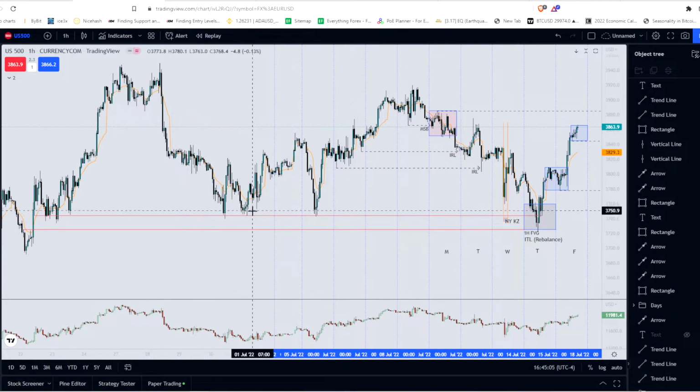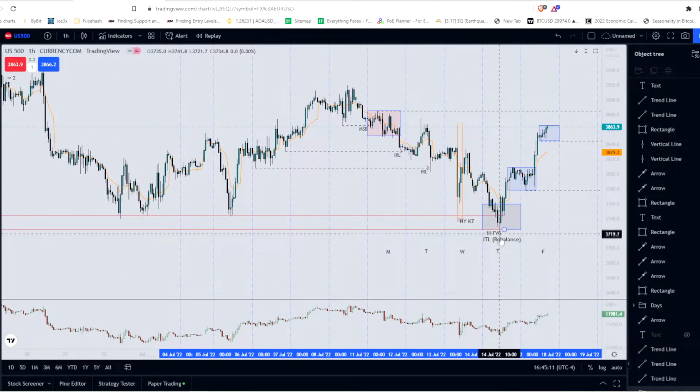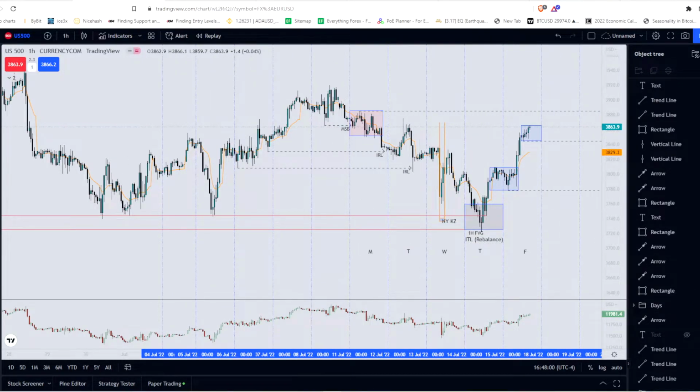So we had equal lows here, and we had a fair value gap on the 1-hour. So price delivers really nicely to this area on Thursday. This happens also during New York kill zone, and the market delivers this move on Thursday.